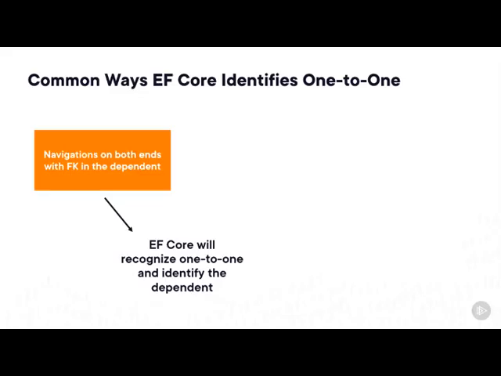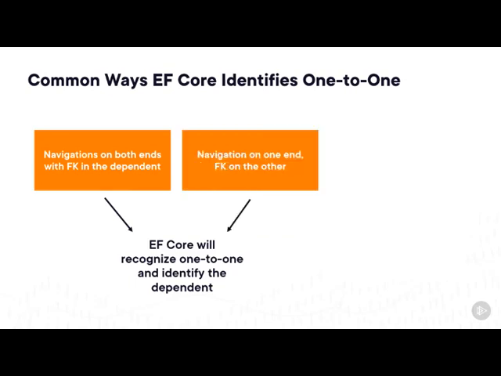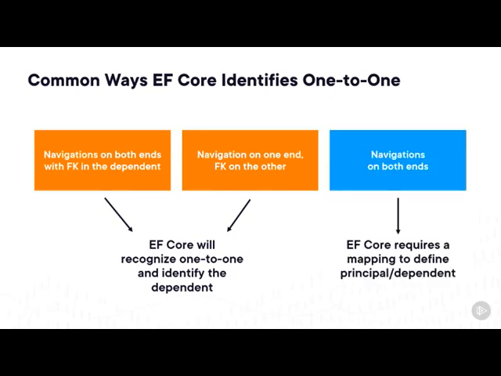The most obvious setup for EF Core to correctly identify the one-to-one mapping and which entity is the principal and which is the dependent is to have navigation properties on both ends and a foreign key property in the dependent. But there are a few others that it will recognize by default. For example, if you have a navigation in the principal and a foreign key in the dependent, EF Core will recognize that. And it's possible also to have navigations on both ends without a foreign key property.